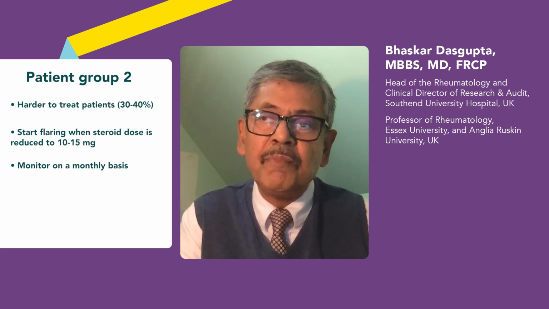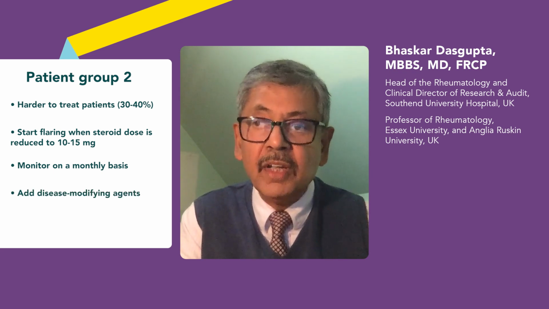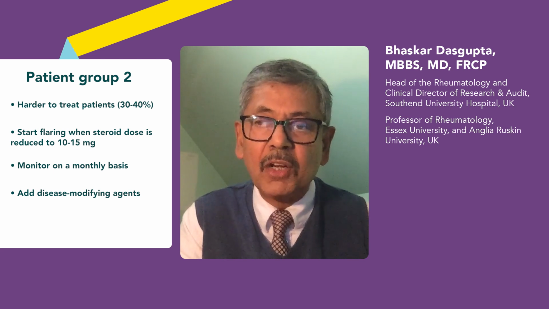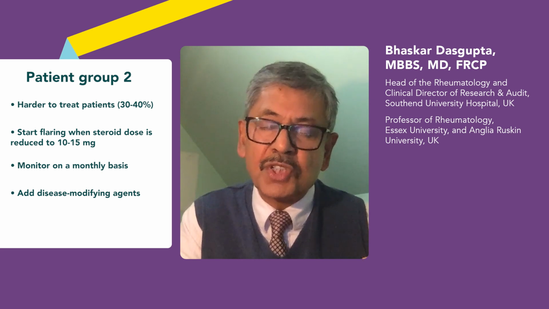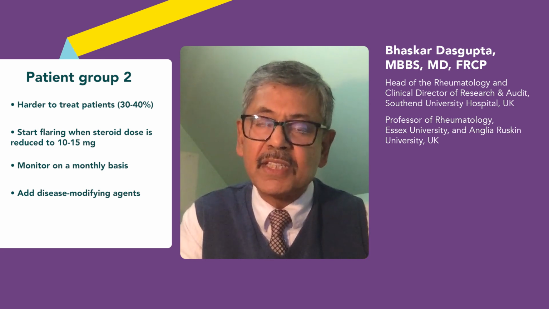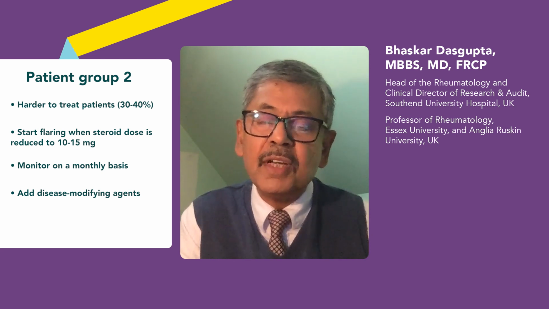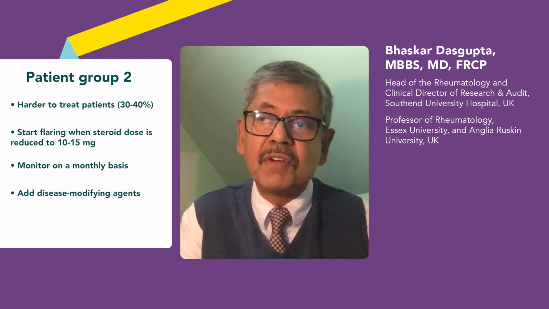You want to use disease modifying agents such as methotrexate, such as leflunomide, or you may want to go on to biologics treatment with medications such as tocilizumab. Your stratification is dependent not only on clinical basis, but also on the laboratory basis, such as patients who don't reach a normal CRP of 5 or less, or imaging stratification.